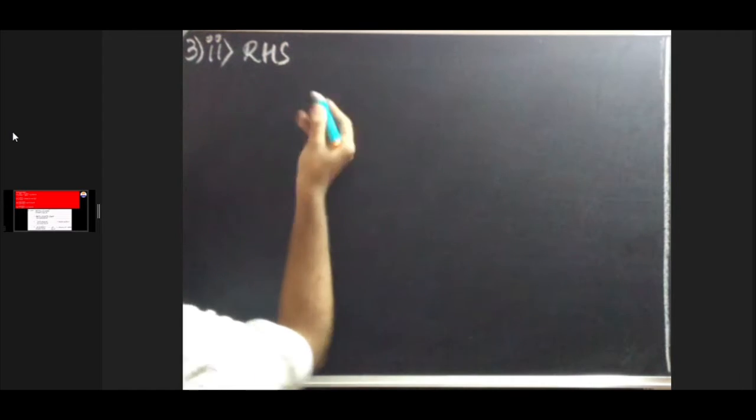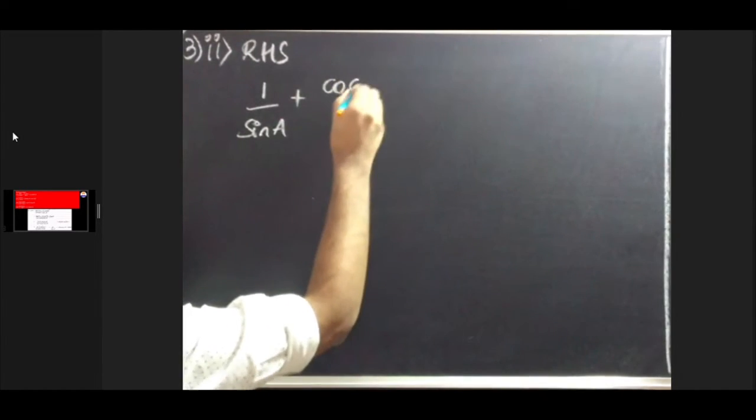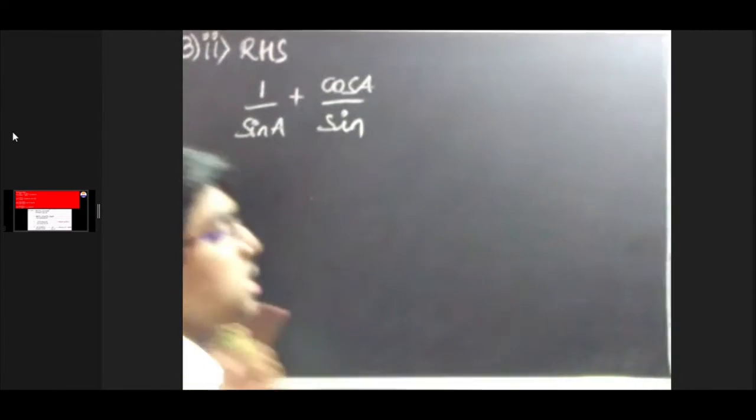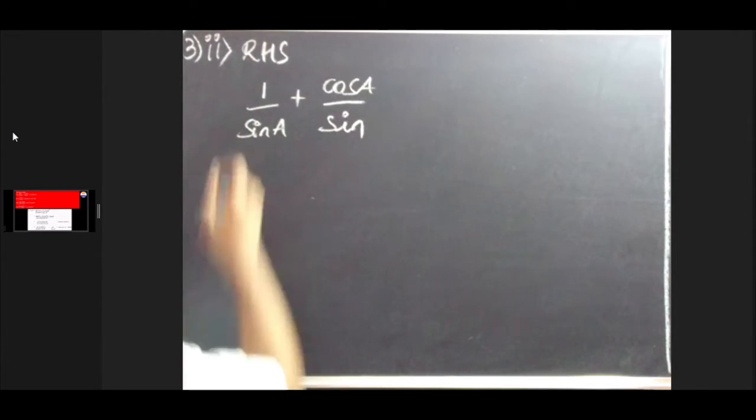They are given it as cosecant. Cosecant can be written as 1 by sin A. Cot can be written as cos A by sin A. These are our quotient relations and reciprocal relations. I'm making use of them to solve the problems over here.